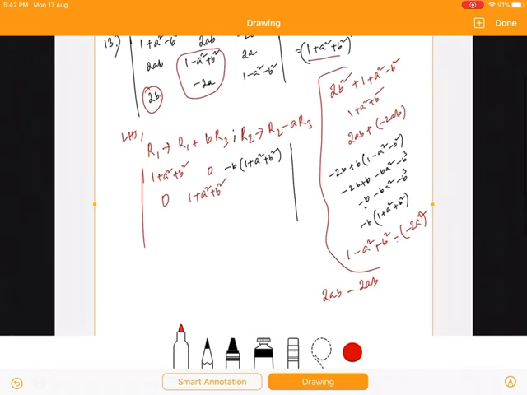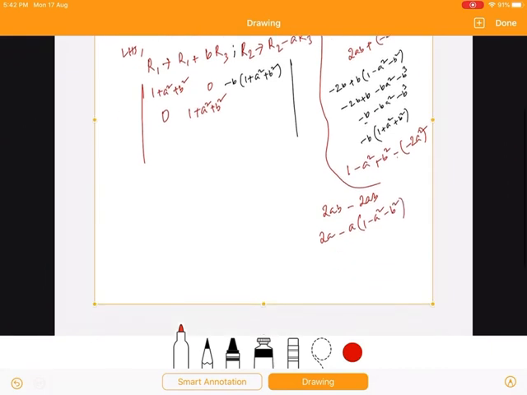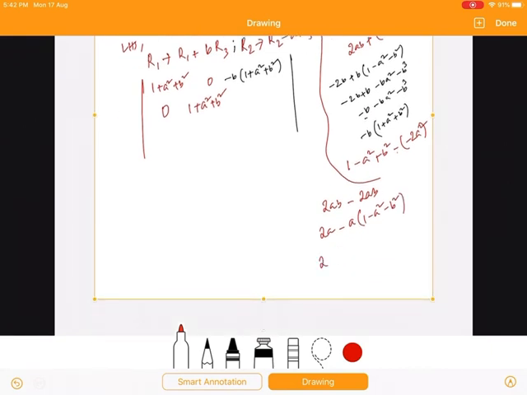And this one, tell me how much will it be? Again you see, R2 is 2a. 2a minus a into 1 minus a square minus b square. Okay, let's simplify. It will be 2a minus a, minus is plus a cube, and minus is plus ab square.